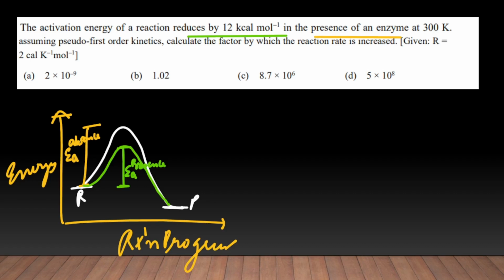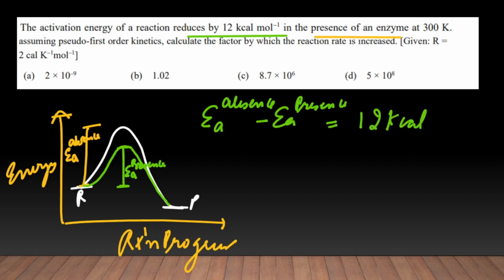Enzyme is your biological catalyst only. So you can see this difference between the activation energy in the absence of the catalyst and in the presence of the catalyst, a decrease of 12 kilocalories per mole.